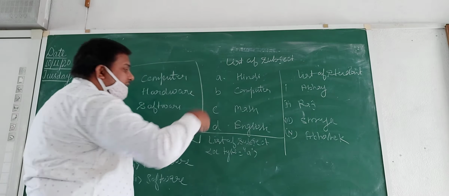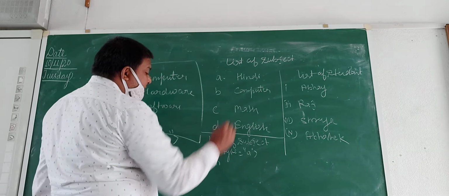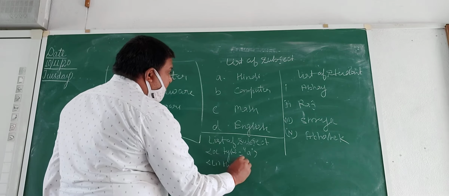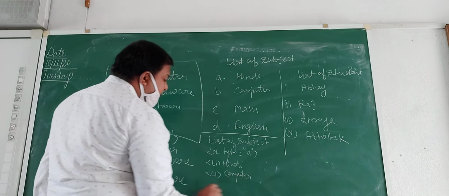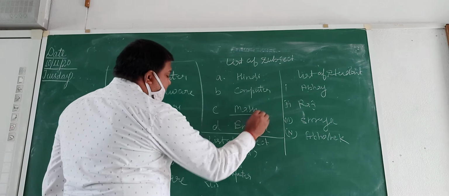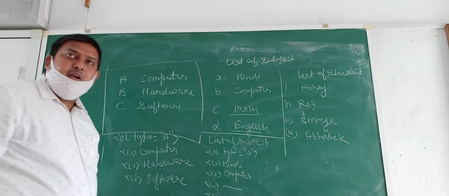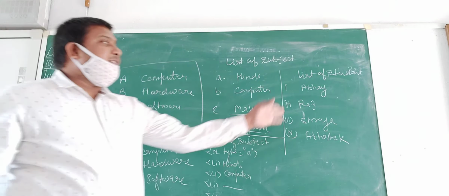And then again what will I write? li Hindi, li Computer, li Math, and then again li English. Clear? To display the list of students, we will write the heading List of student, then OL type is equal to small i. What will we write here? OL type is equal to small i, and then all the students' names we will mark by what?